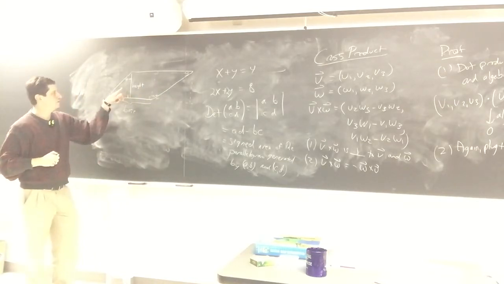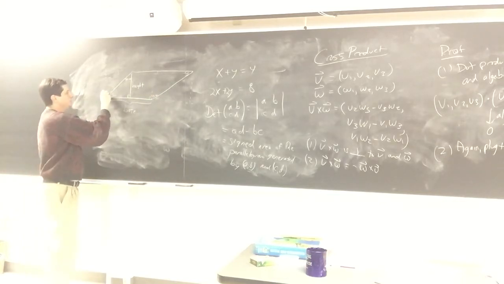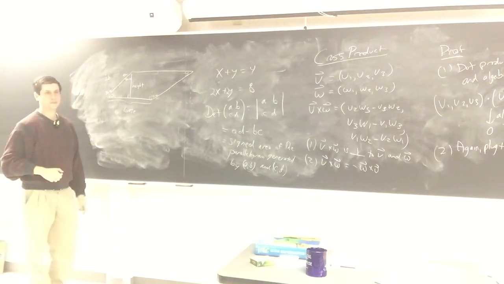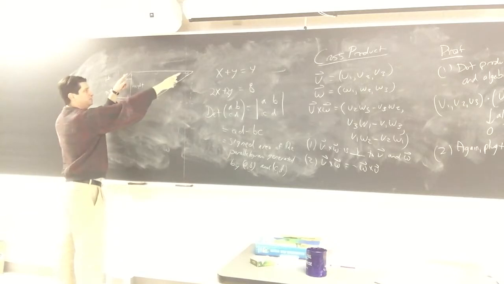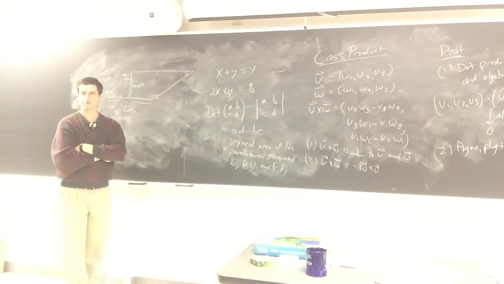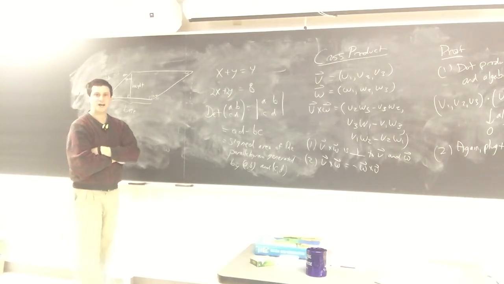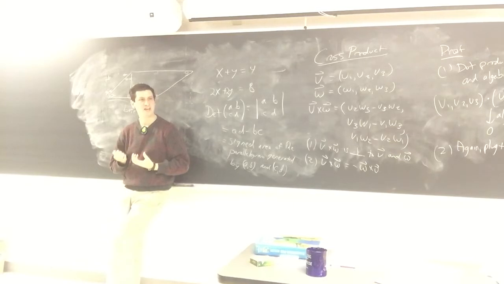Look at these two triangles, this triangle here and this triangle here. So this would be 90 minus theta, theta, and a right triangle. For these two triangles, they both have an angle theta, they both have the same height, they both have the same hypotenuse.